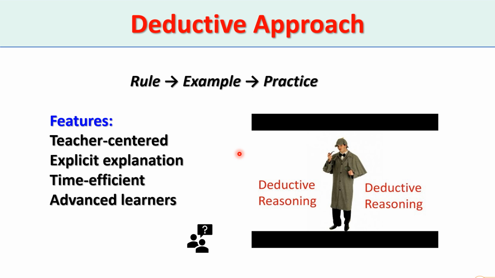Also, students may easily forget what the teacher explained, because the teacher explained too much for a long time, and they forget quickly after the lesson. And because the teacher talks too much, the students don't get enough time to practice speaking or using the language.